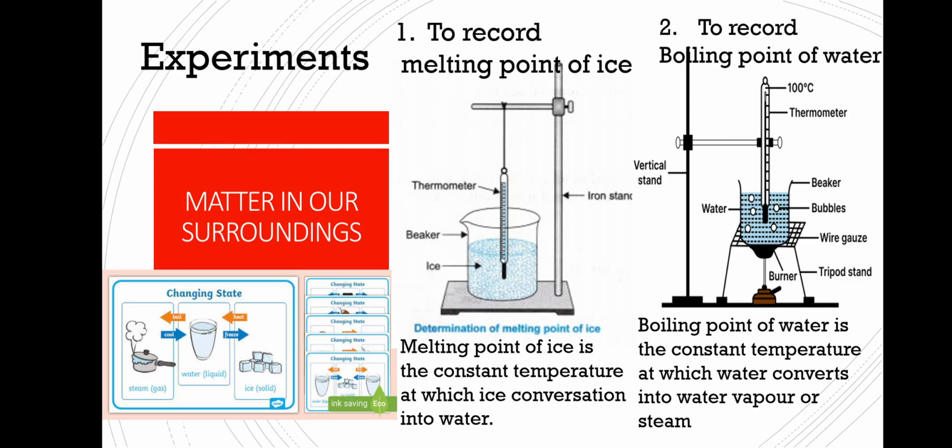Then, to record the boiling point of water: the boiling point of water is the constant temperature at which water converts into water vapor or steam. So these two different experiments we are going to see in my next slide.